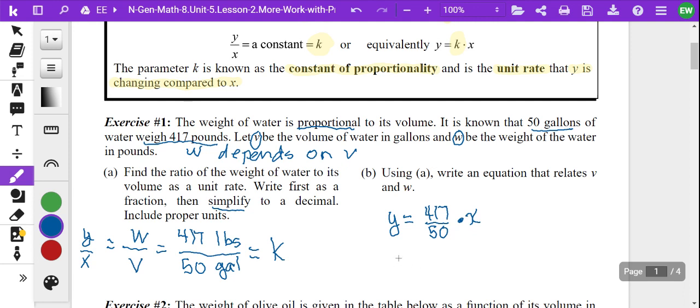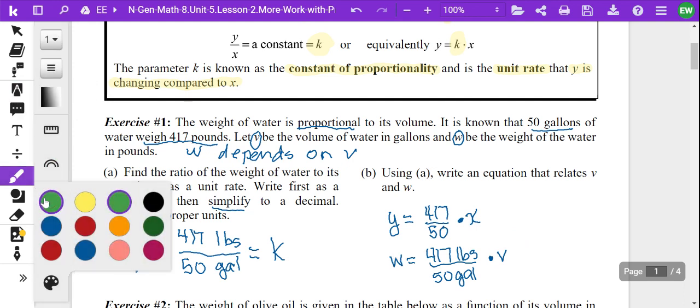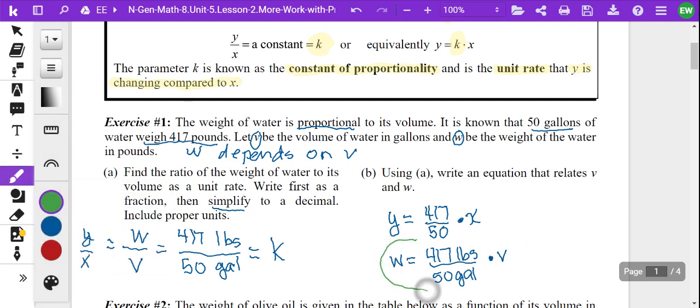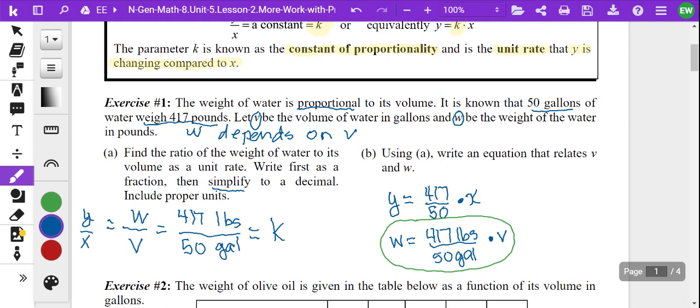Or W is equal to 417 pounds over 50 gallons times the volume. Okay, so that's really, really important. That right there. So I'm going to go ahead and circle that. So we're going to use this for the next part of our problem.